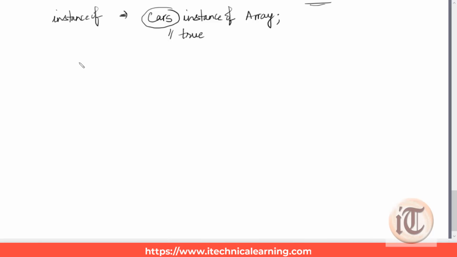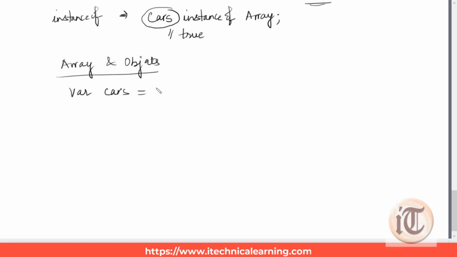What is the basic difference between an array and an object? Arrays and objects. So as we have discussed, let us say I have to declare an array of, say, cars.